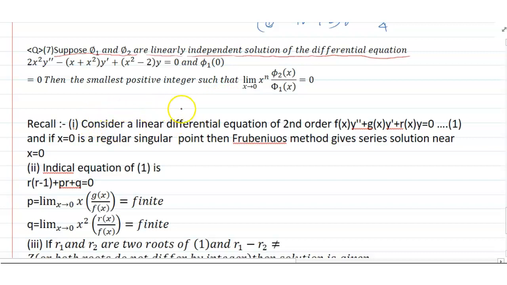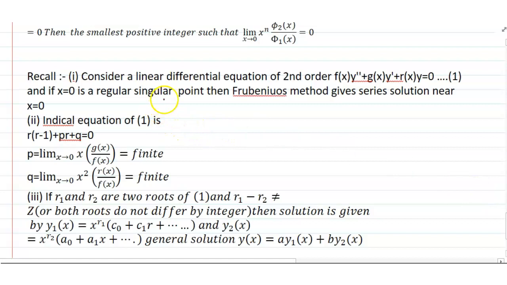Then the smallest positive integer n such that x to the power n phi 2(x) over phi 1(x) is equal to 0. So friends, the problem is very simple. Consider a linear differential equation of the second order, f(x) y double dash plus g(x) y dash plus r(x) y equals 0, and if x is equal to 0 is a regular singular point.